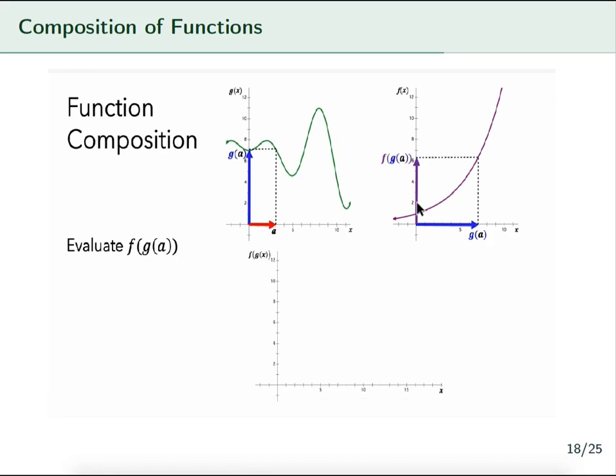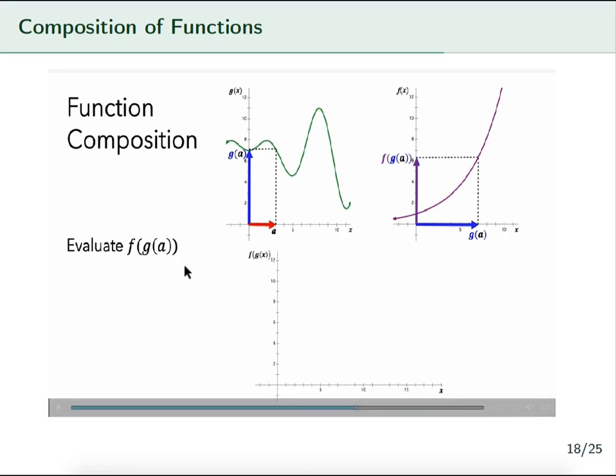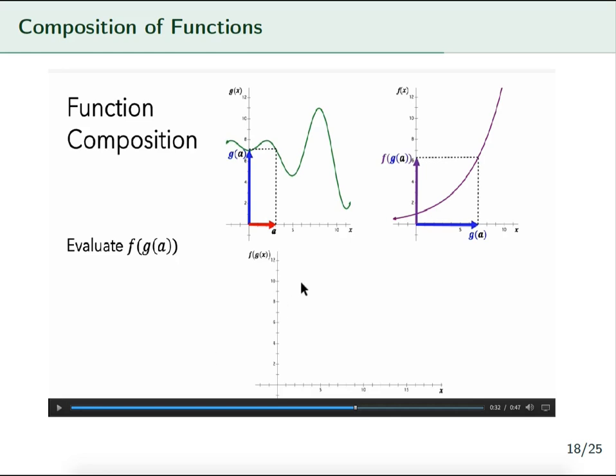So if we think about the graph of the composite function, f of g of a, we use as an input a, and the function f produces the corresponding output value, and we put this together to plot the coordinate on one graph. So we just input a, and we demonstrate right here, a comma f of g of a.